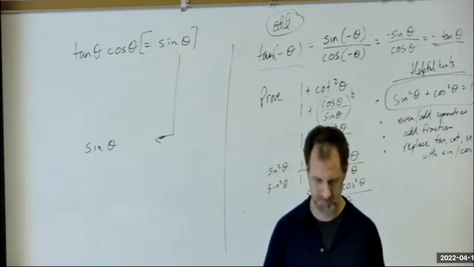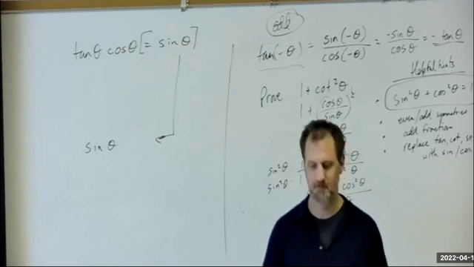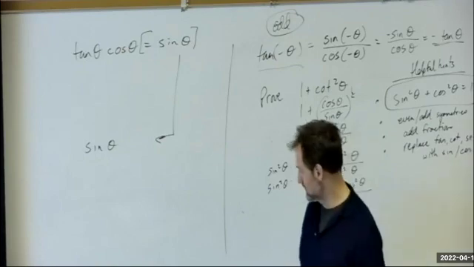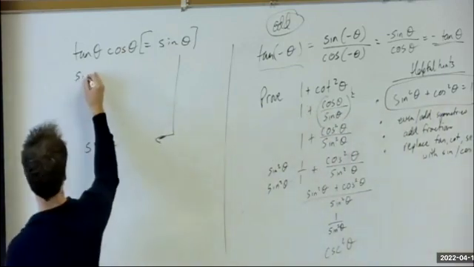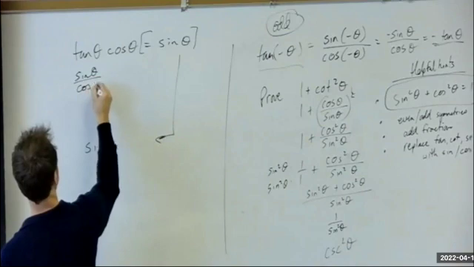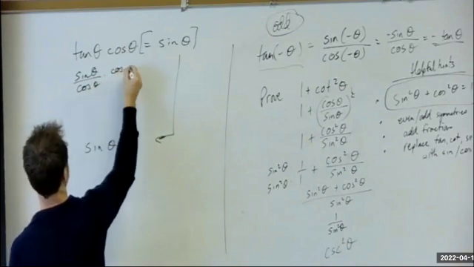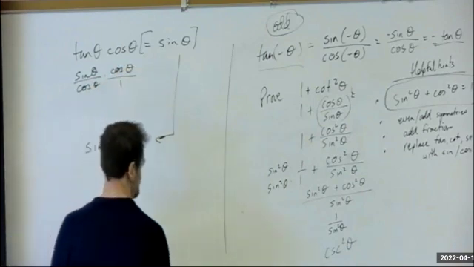So that one, tan is sine over cosine. Replace tan. Good. So my next line would say sine theta over cosine theta times cosine theta. Maybe make this a fraction.